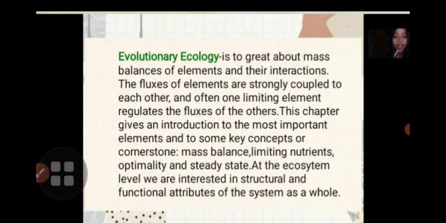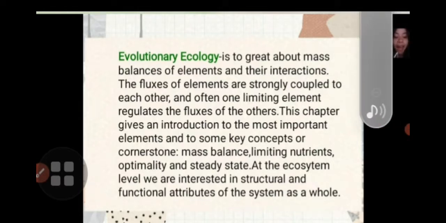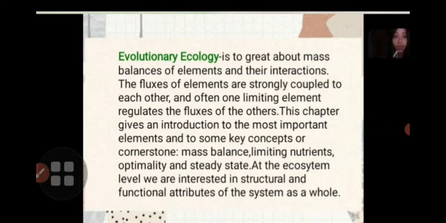So, evolution is the development of changes that can be passed genetically over the history of an organism. So, evolutionary ecology, ang main na mga interactions between organisms.